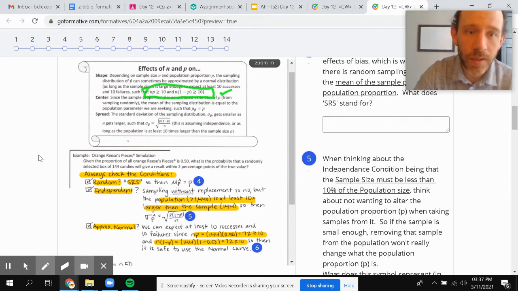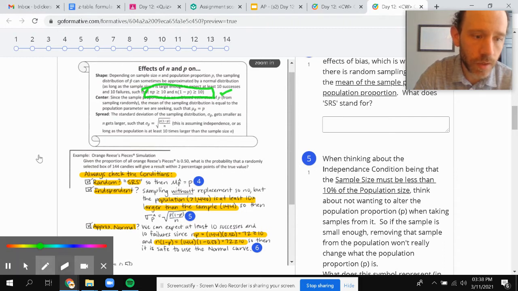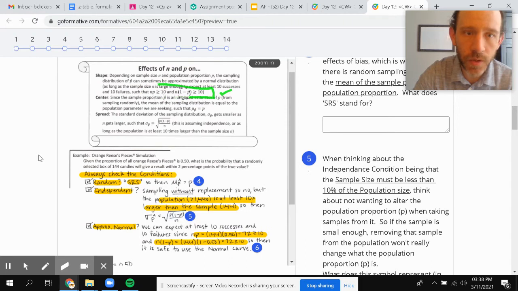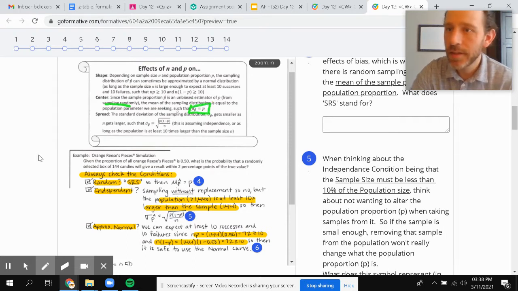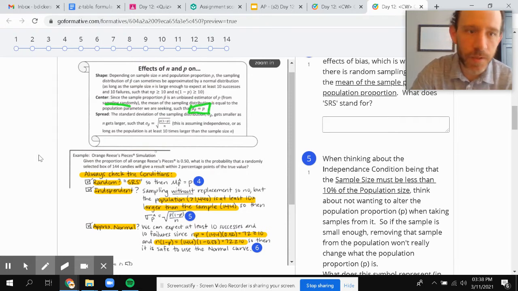The next one is looking more toward the center, and that has to do with whether or not it's biased or not. How do we know if something's biased or not? Well, a random sample helps to eliminate bias. And if that's the case, the means of our sample proportions should equal the parameter.